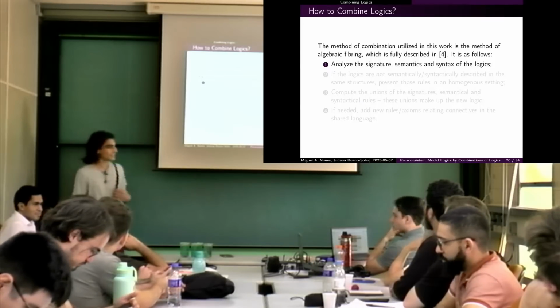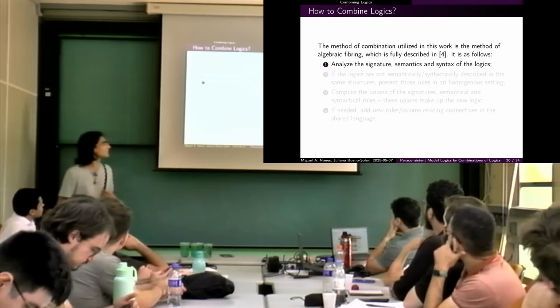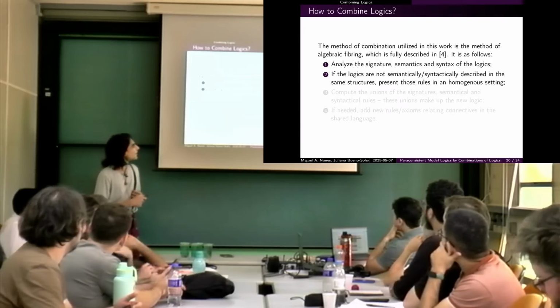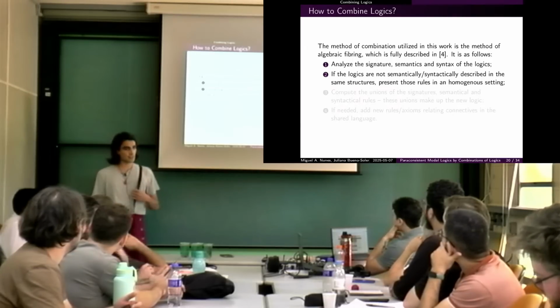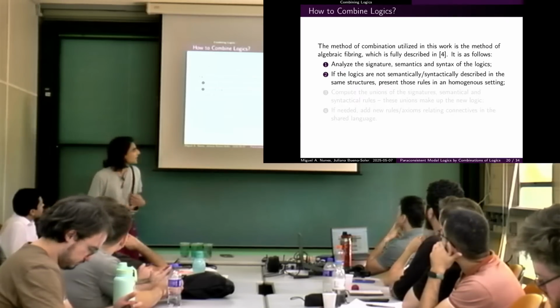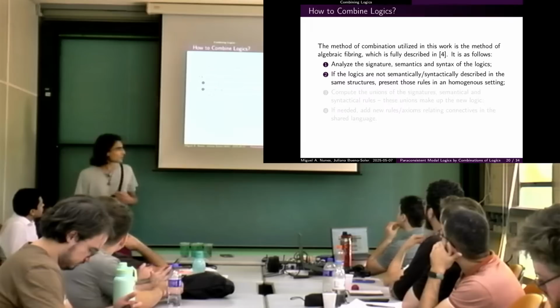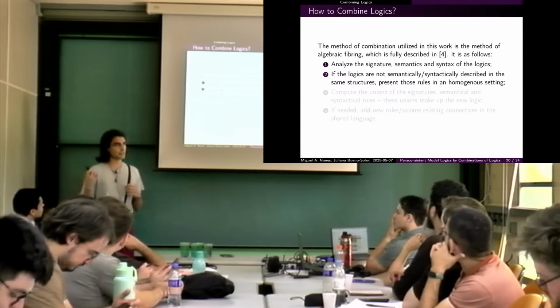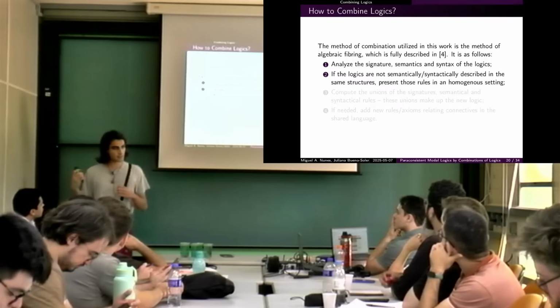It is as follows. First, we have to analyze the signature, semantics, and syntax of every logic. If the logics are not defined semantically or syntactically in the same way, then we must redefine, or rather create, equivalent definitions of those semantics and syntax in some homogeneous setting.